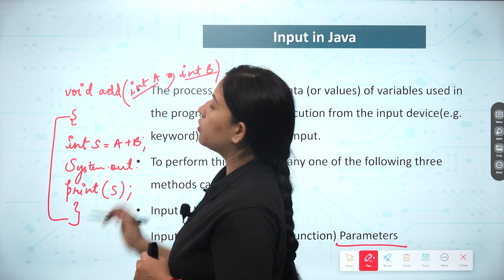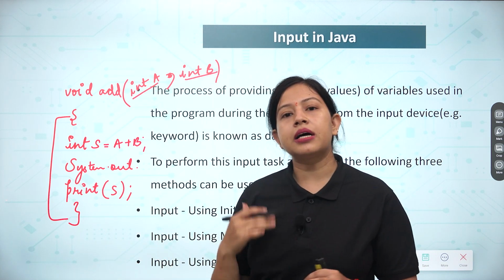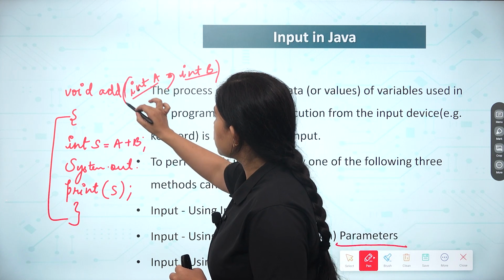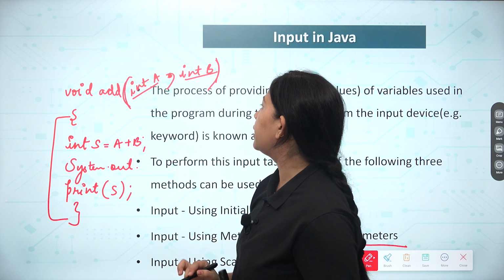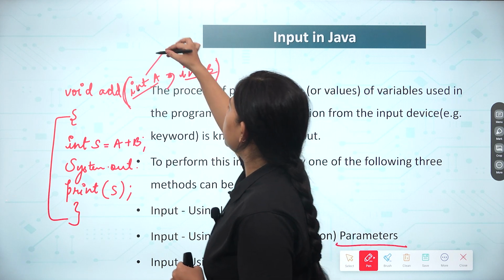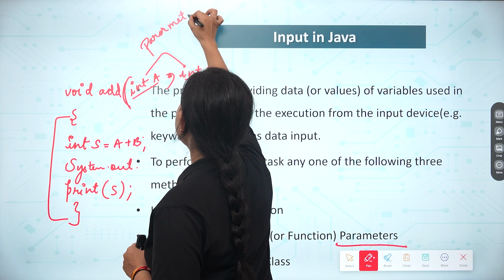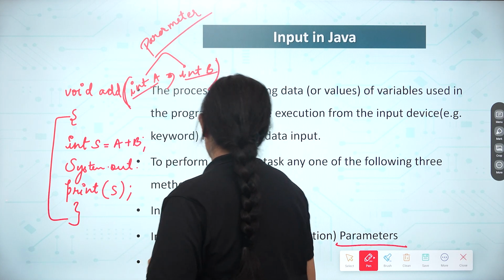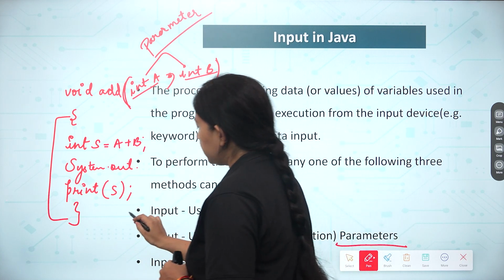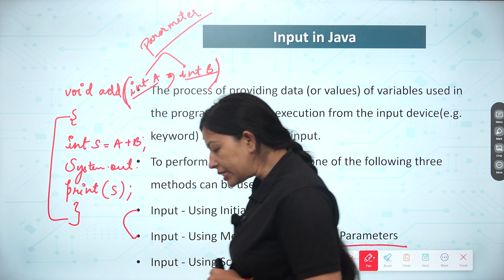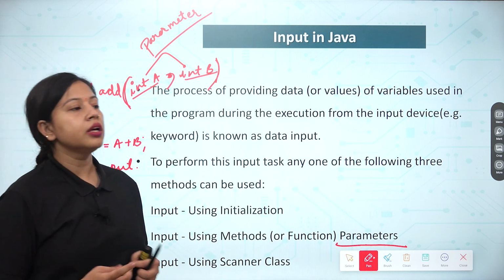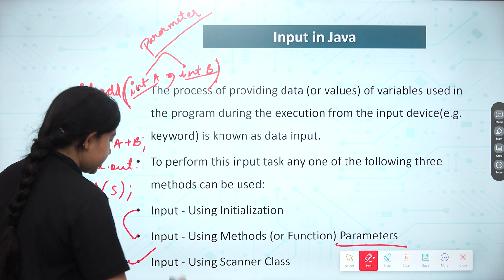These are the parameters, whatever values have been passed inside just after the method name, and that is called the parameters or argument list. Alright, so this is the method simply used after the initialization method. Now the next is, if we simply want to use the Scanner class.